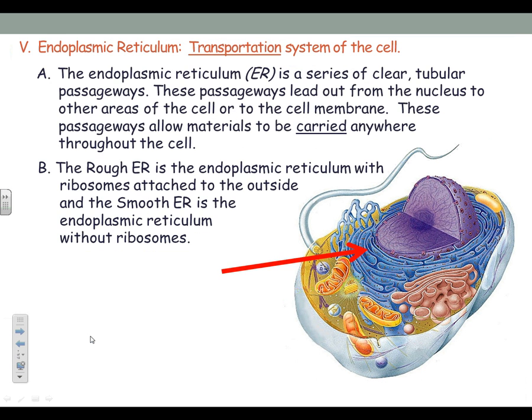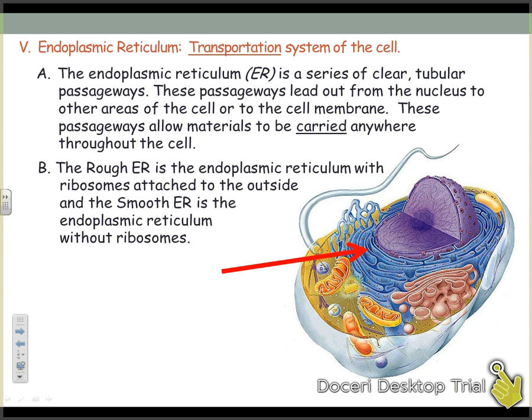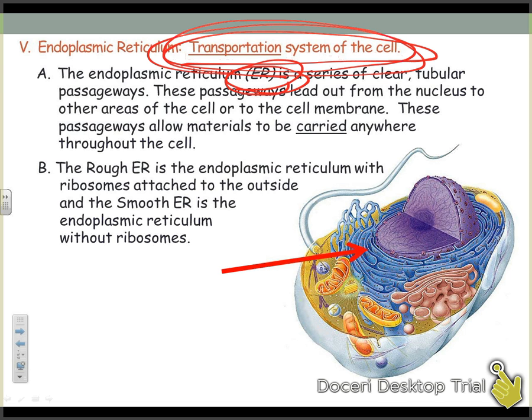The next structure is the endoplasmic reticulum. The endoplasmic reticulum, we can abbreviate that and say ER. The endoplasmic reticulum is the transportation system of the cell. It is this blue squiggly stuff going around the nucleus.